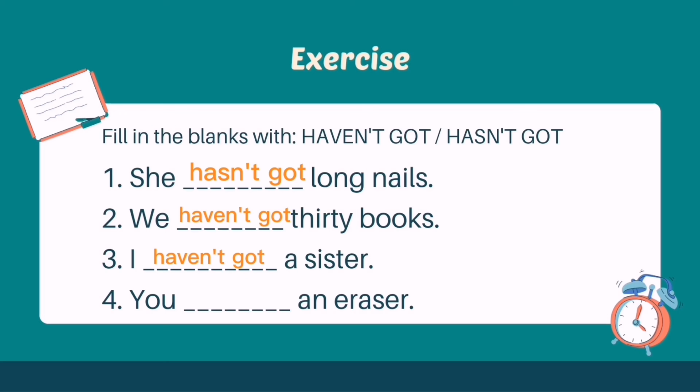So number 4, what is the answer? Yes, the answer is you haven't got an eraser. Why? Because you is the same as question number 3. It is a special subject.